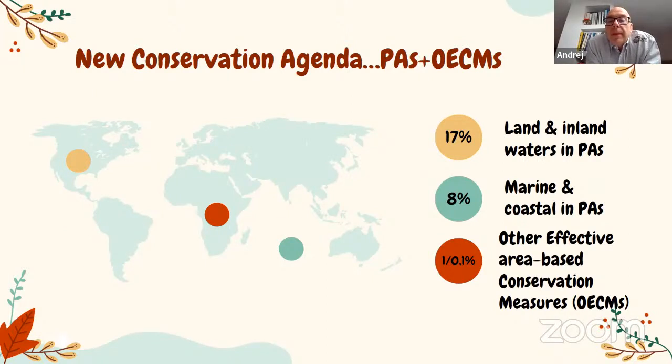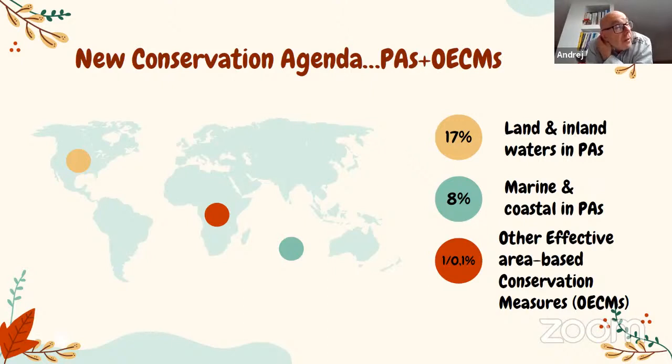Where we are at present, as we said, we have 17% of land, we have 8% of marine, we have only 1% of land in the OECMs and 0.1% in the marine OECMs. Here, of course, we should know that the OECMs are a very, very new category. It's only some 3-4 years old, and the system is still establishing.